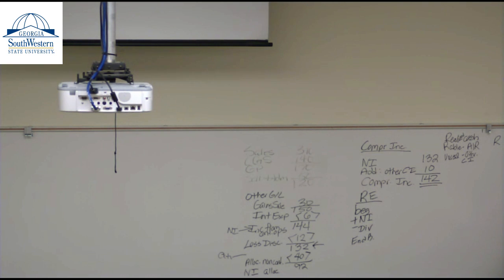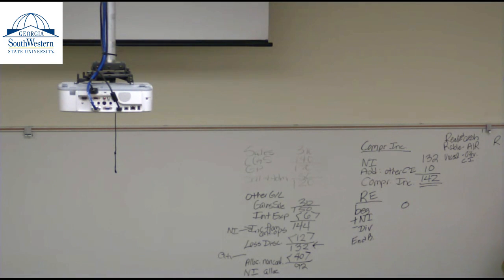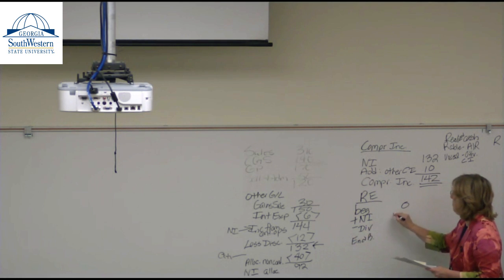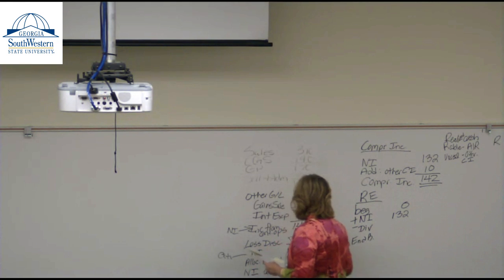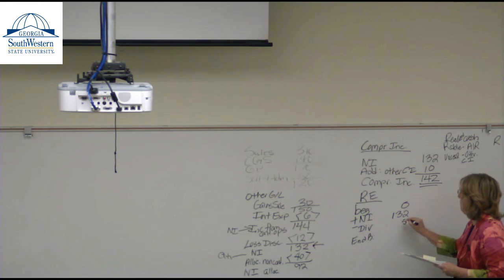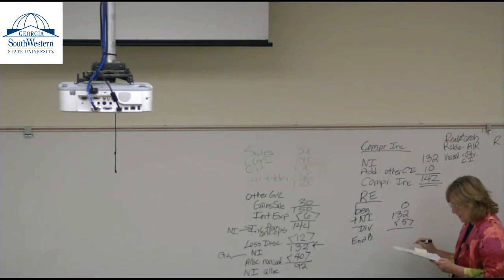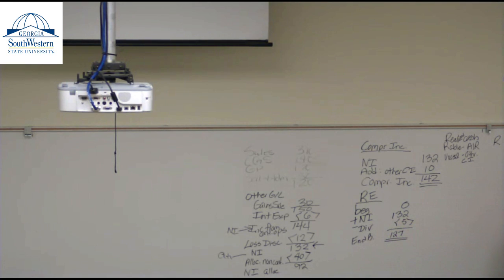So our beginning balance is 0, right? And we add net income, which again is this 132 number. Let's just label that net income. Okay, minus dividends of 5 gives us an ending balance of 127. Okay, all right, so that is exercise 4.2.